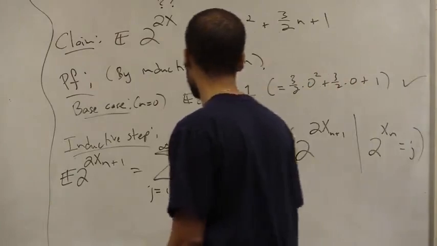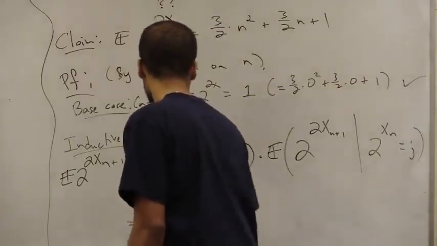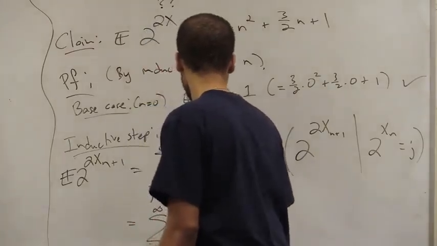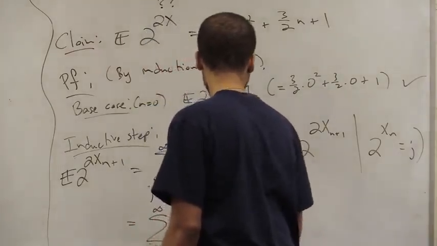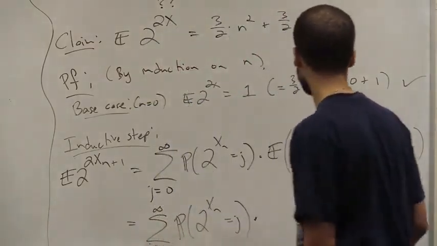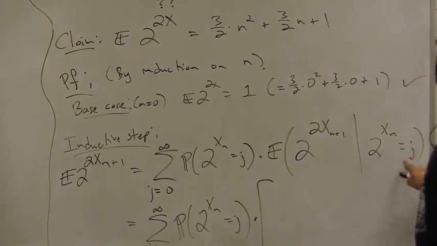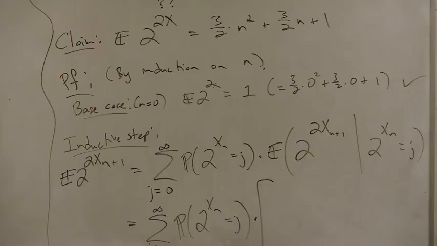And then this is equal to the sum over these j's of the probability that 2 to the x_n is equal to j, times, now what's this conditional expectation? Remember, 2 to the x_n is equal to j. So with probability 1 over j, we increment. With probability 1 minus 1 over j, we don't increment.